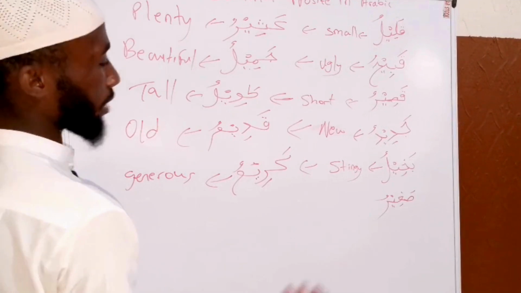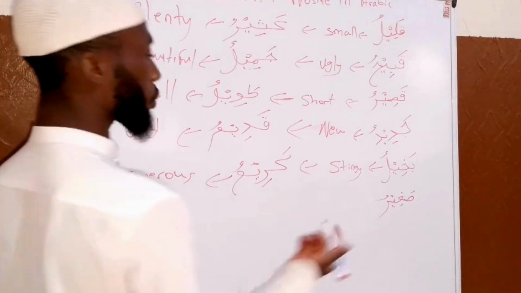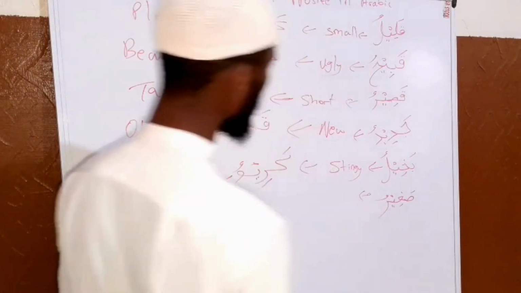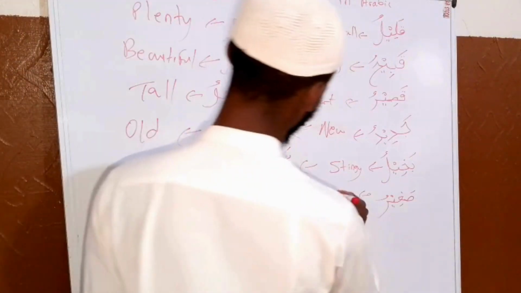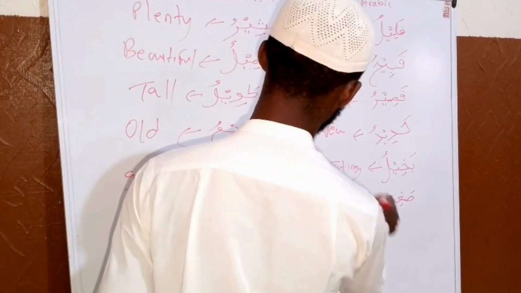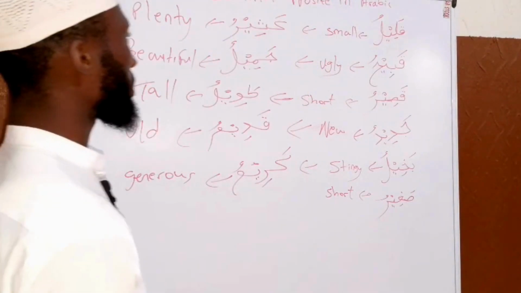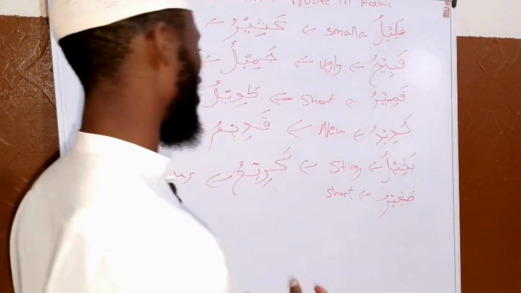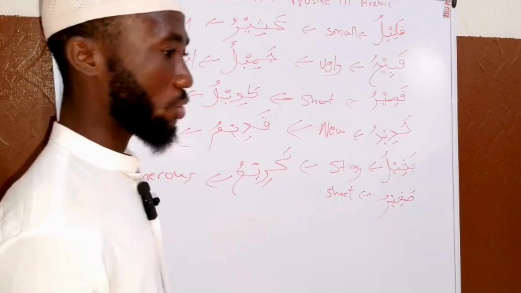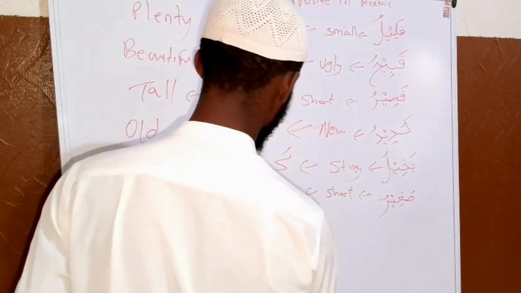Anta kareem. Anti kareematun. Now, we have sagir, which is small. Then we have kabir.